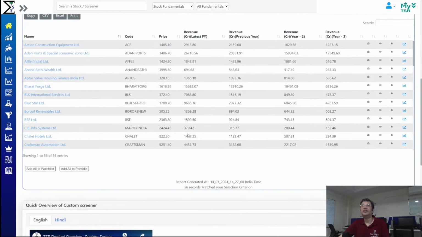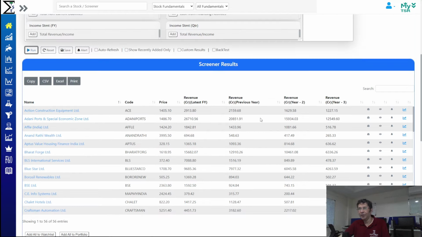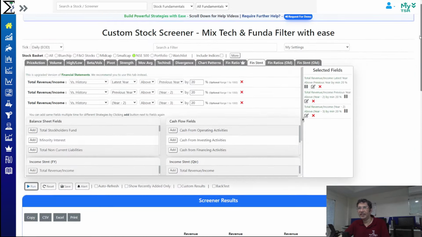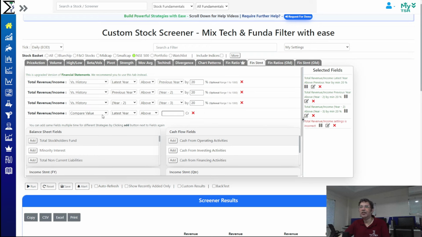You'll see that 56% of the companies match this criteria, right? So feel free to increase it to a larger number, or you can also add other criteria where you see that annual revenue is more than 10,000 crores.